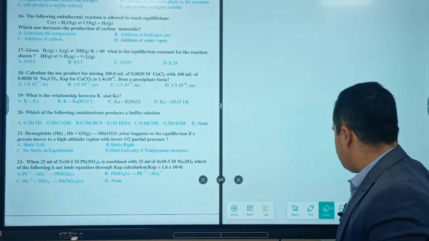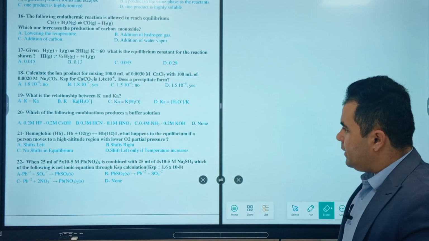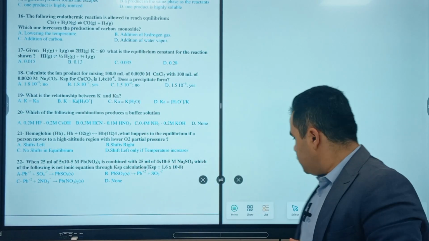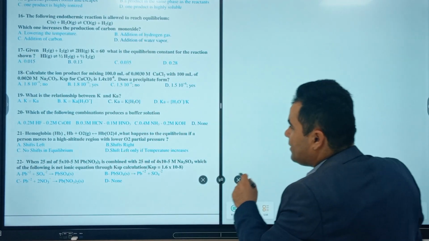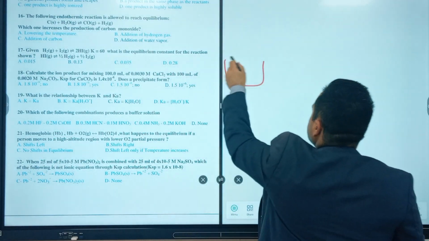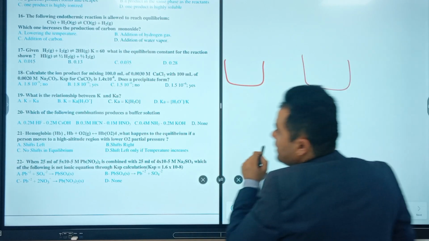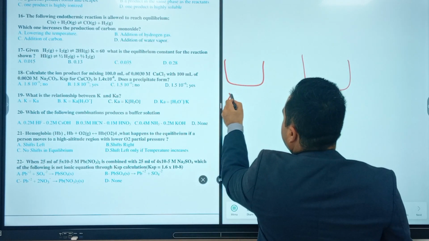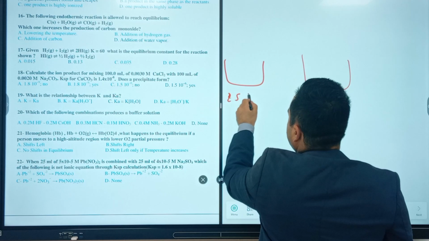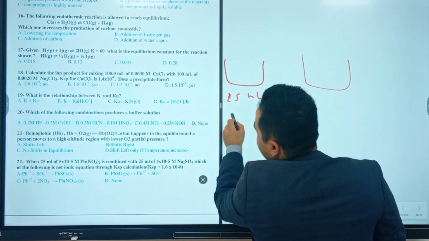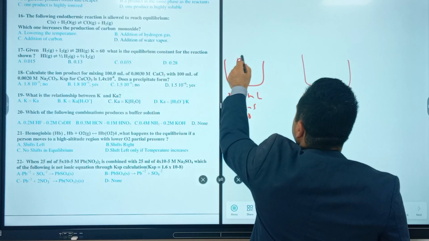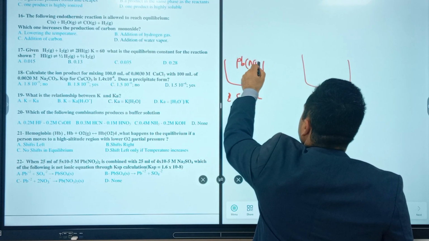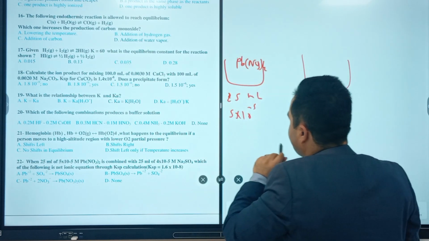Let us solve the last question, guys, which is almost like a midterm exam question. The question states that we have two solutions. The first solution is 25 milliliters of 5×10^-5 molar Pb(NO3)2.